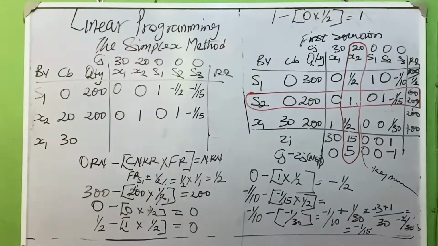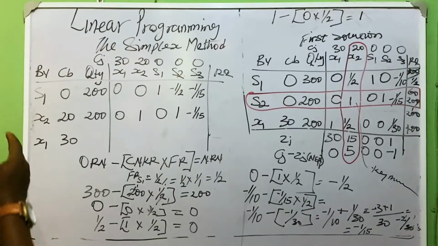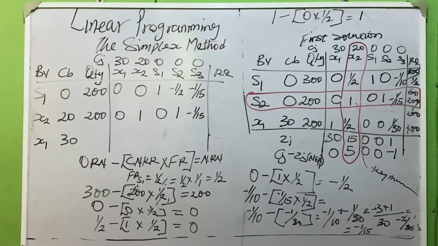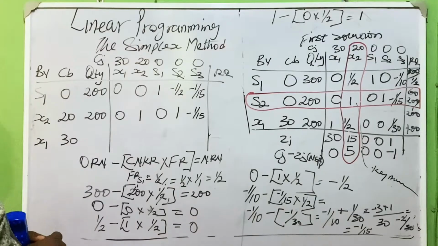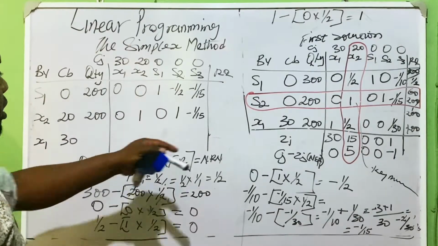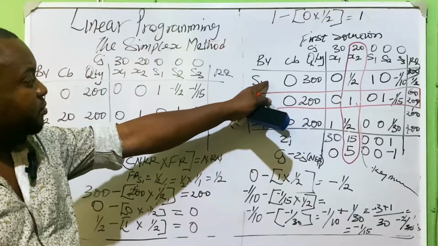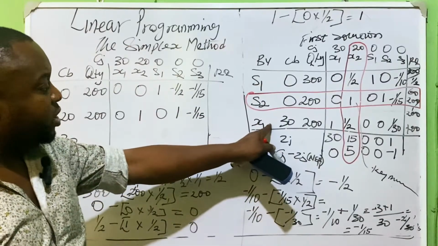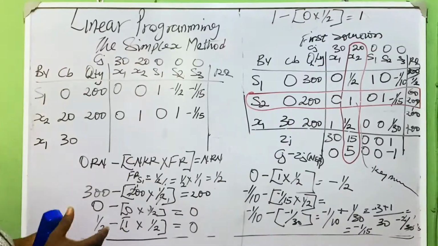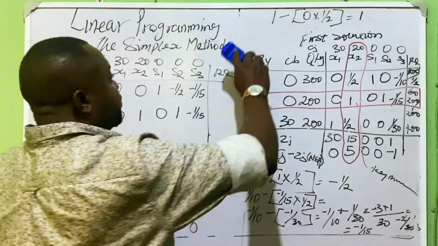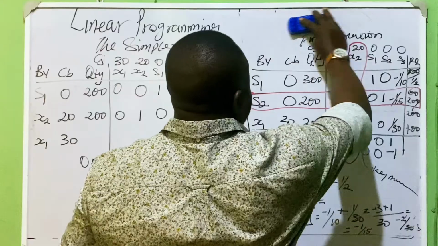So we've been able to successfully transform row S1. So the next thing now will be to transform row X1. So we're going to transform row X1, then after which we'll now recompute to check if we'll be able to attain optimality.